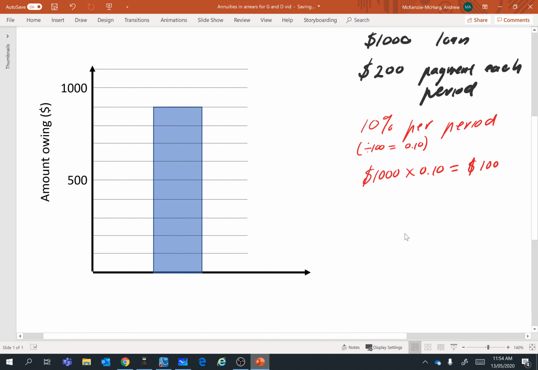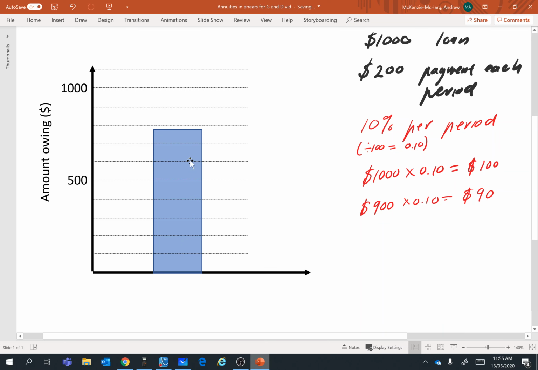Then in the next period, the bank will calculate again. So now the balance is down to 900 by 0.1. So the interest amount is less this period. It's down to $90. So the bank adds that $90 on, and it goes back up to 990, and then that person will pay some of that off, and it will go down to 790. They'll pay that $200 off.